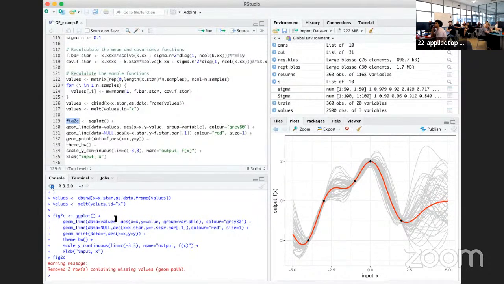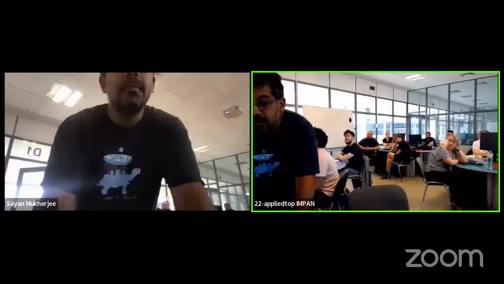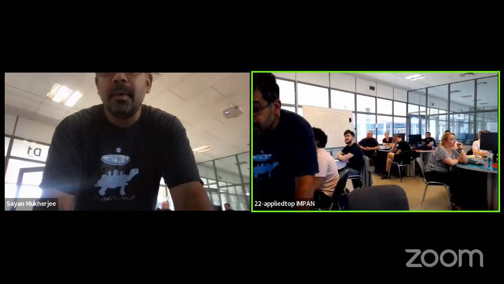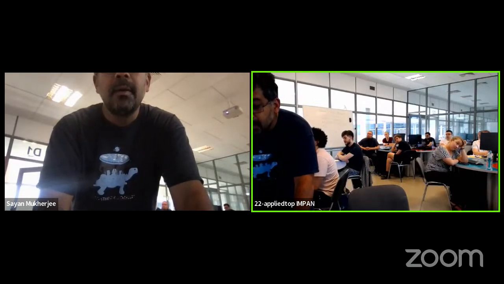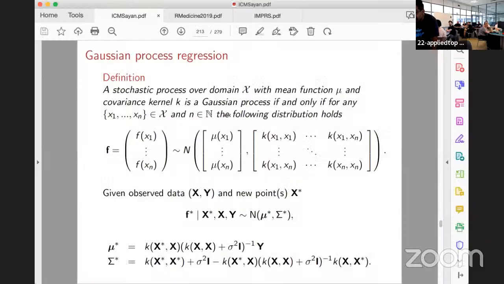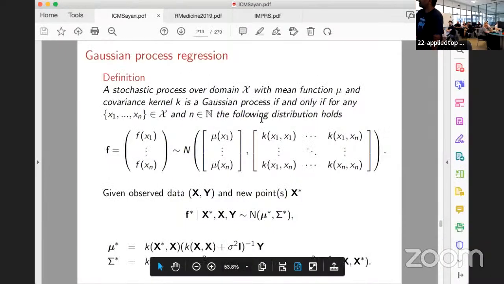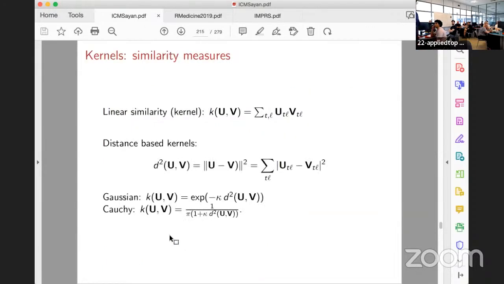Okay, and so this is the idea of Gaussian process regression. So I can now make predictions.